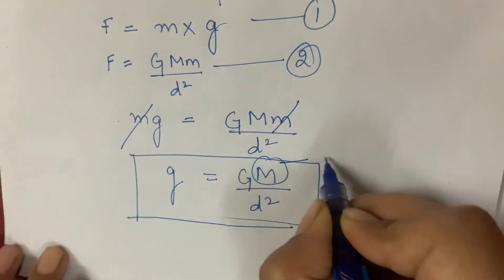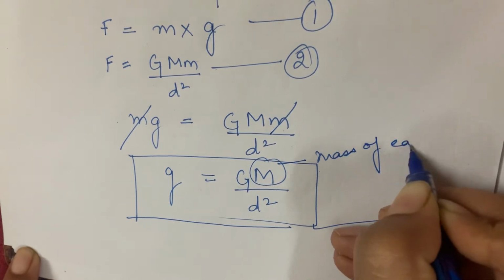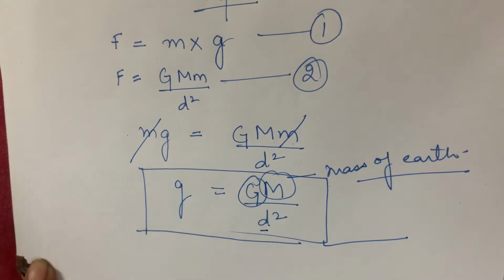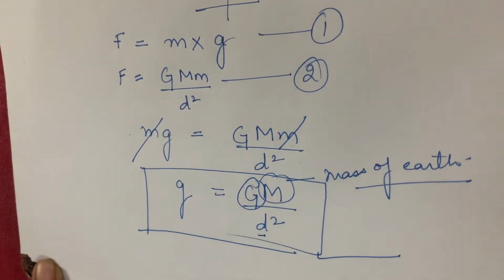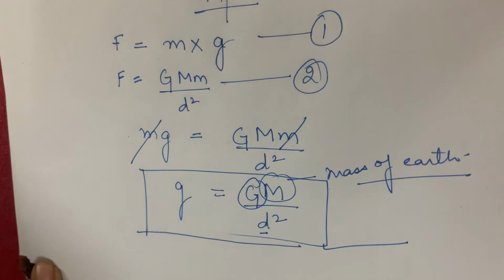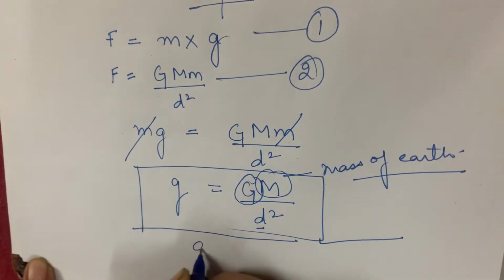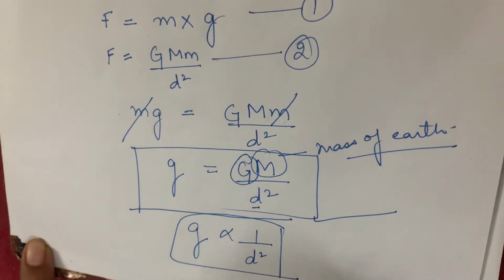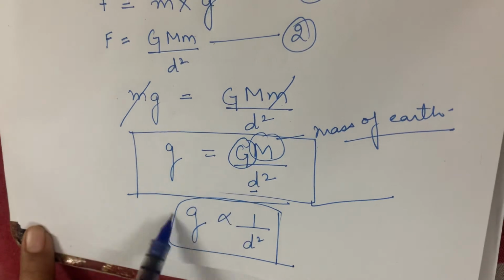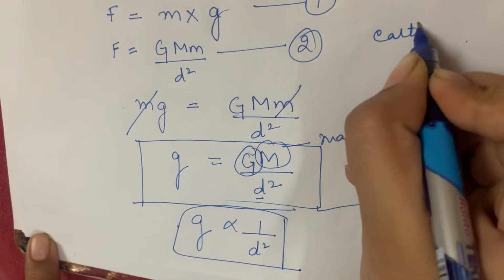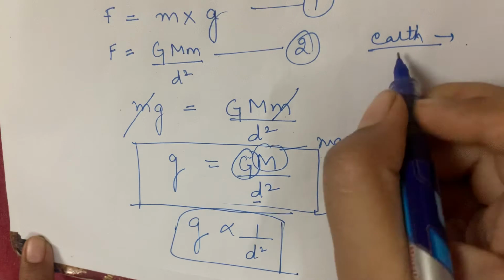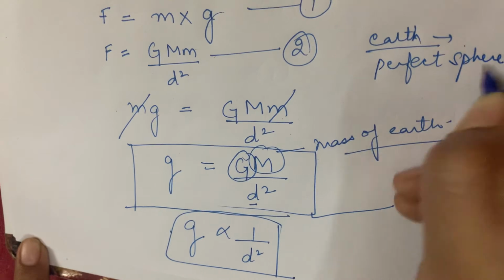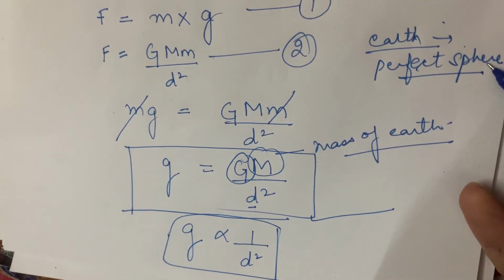This M is the mass of earth, which is always constant, capital G is known as the gravitational constant, and d is the distance between those two objects. So always remember that g varies inversely proportional to the square of the distance. We know that the earth is not a perfect sphere.